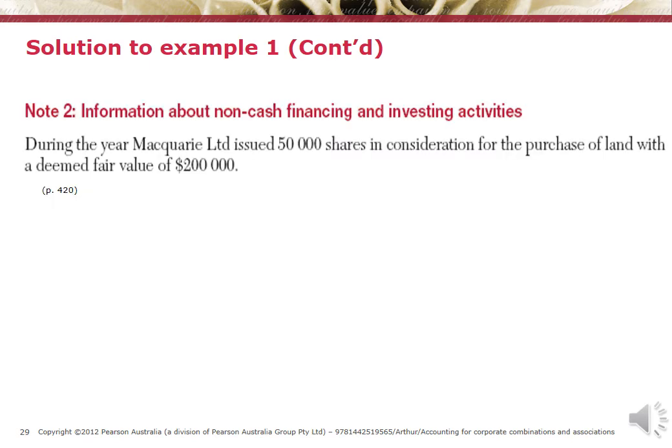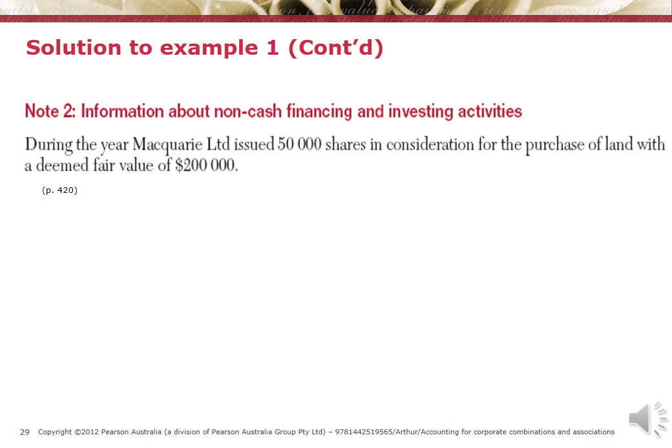There's also a second note we need to disclose, which is information about non-cash financing and investing activities that occurred during the period, and this was mentioned on an earlier slide, and that's also stated in AASB 107 paragraph 43.